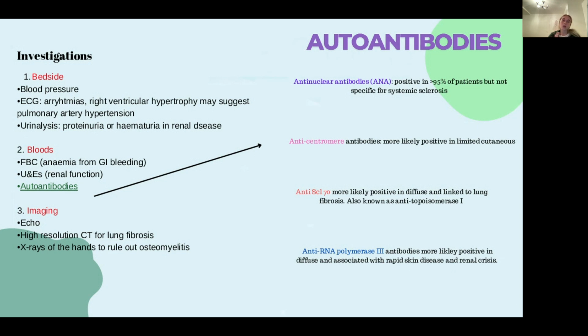And then there was also anti-RNA polymerase 3 antibodies, which is a new one from when I was revising. So these are more likely to be positive in patients who are associated with a rapid skin disease and a renal crisis, so with the more severe forms. But for your exams, I would just know that anti-centromere is limited and then anti-Scl-70 is for diffuse.